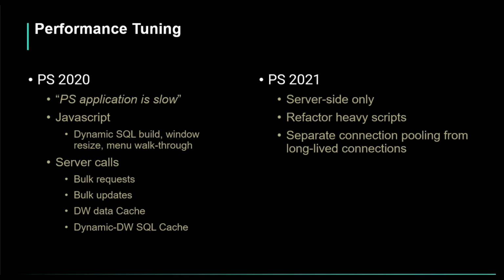So if applicable, you should separate your code logic so that the code that requires a long-lived connection goes with one transaction object, and the code that doesn't need a long-lived connection goes with other transaction objects, where connection pooling will be used instead, thus making full use of the web architecture and future enhancements. Additionally, keep in mind that Appeon is working on supporting HTTP/2 and asynchronous programming in a future PowerServer release.